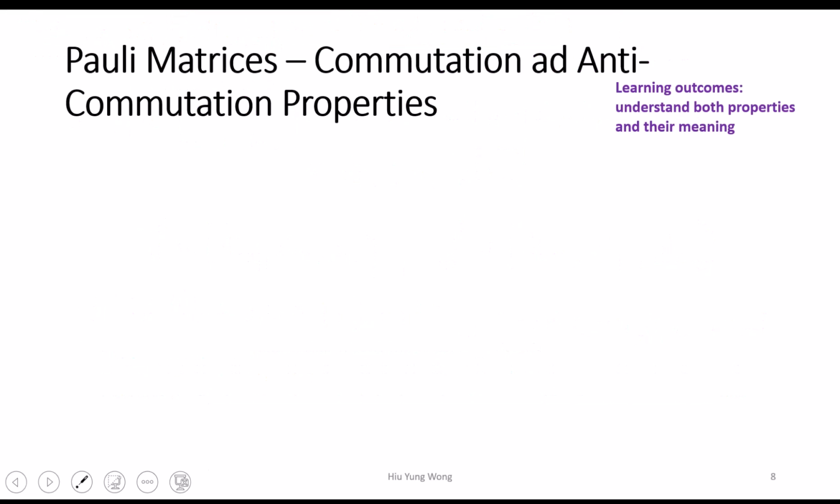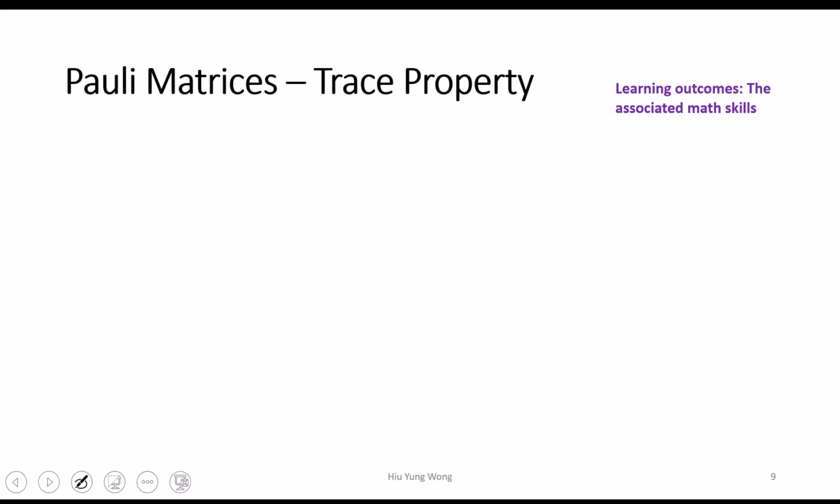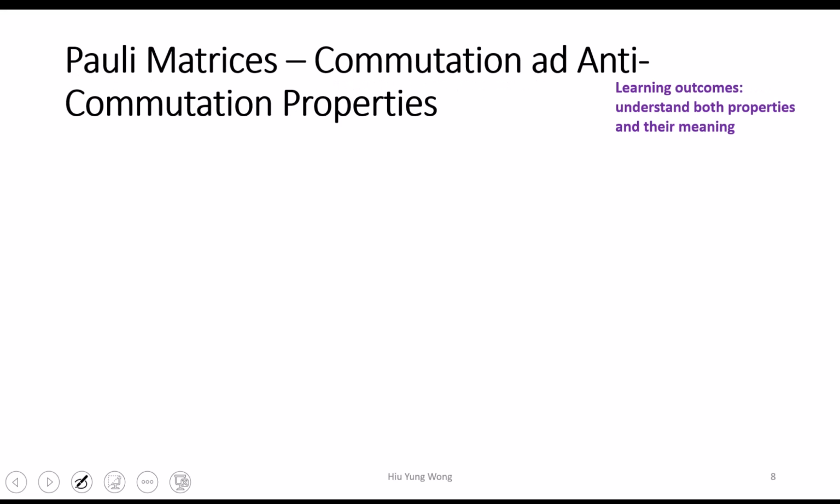So let's continue, and I will answer your question later because I really did not know. Okay? So let's look at the properties of the Pauli matrices. One is the so-called commutation relationship. What does it mean?